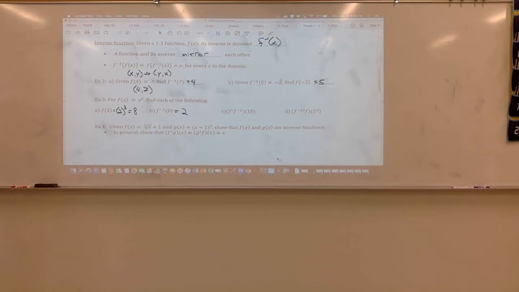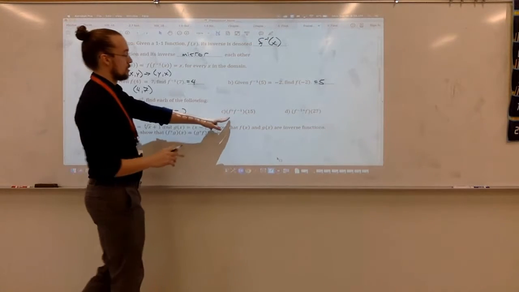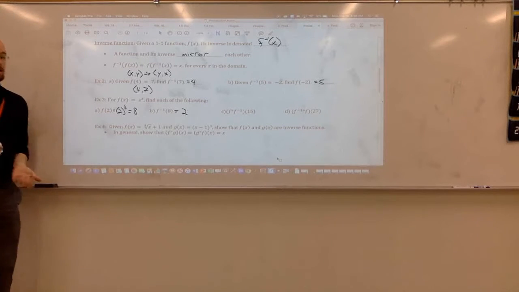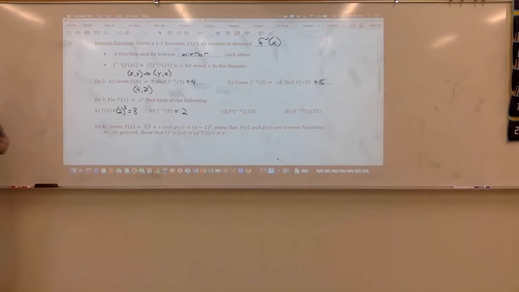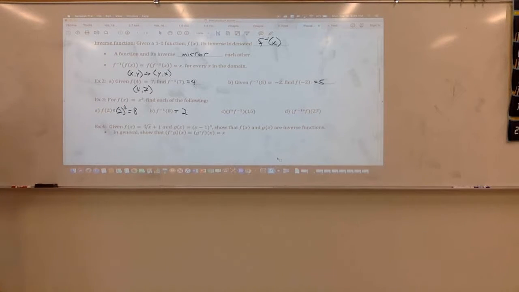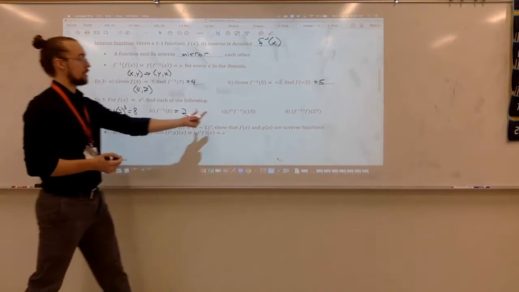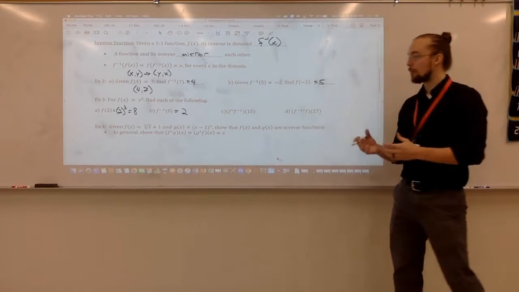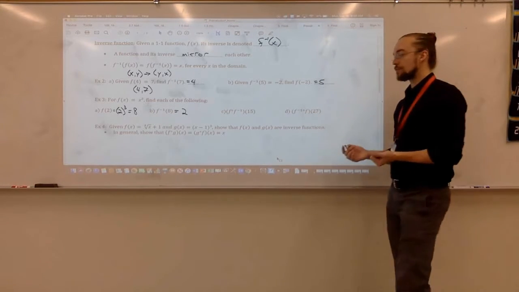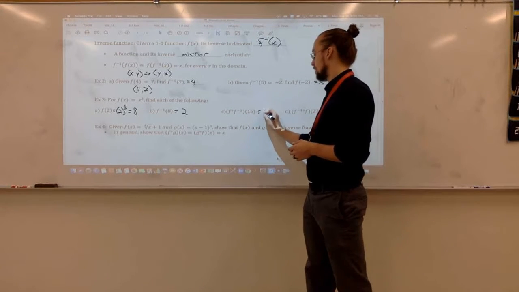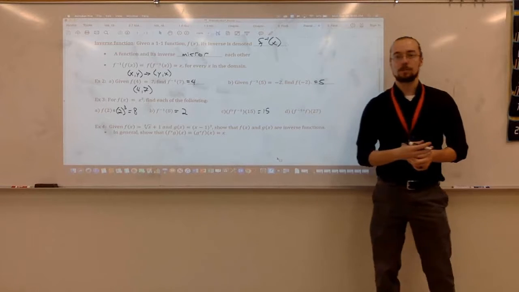Now here, this is saying I'm going to compose these functions: f of f inverse of 15. Up here we said if I compose a function and its inverse, I should just get x. If we're plugging a value into that, I'm just going to get that value. So f of f inverse of 15 is just going to be 15.